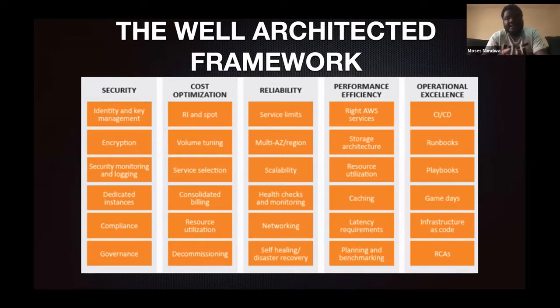How are you handling that? There's the latency requirements, under which you could see which zone a customer can connect to so that they can ping your service faster. And then there's planning and benchmarking. Under that, I'll just pause for a while.